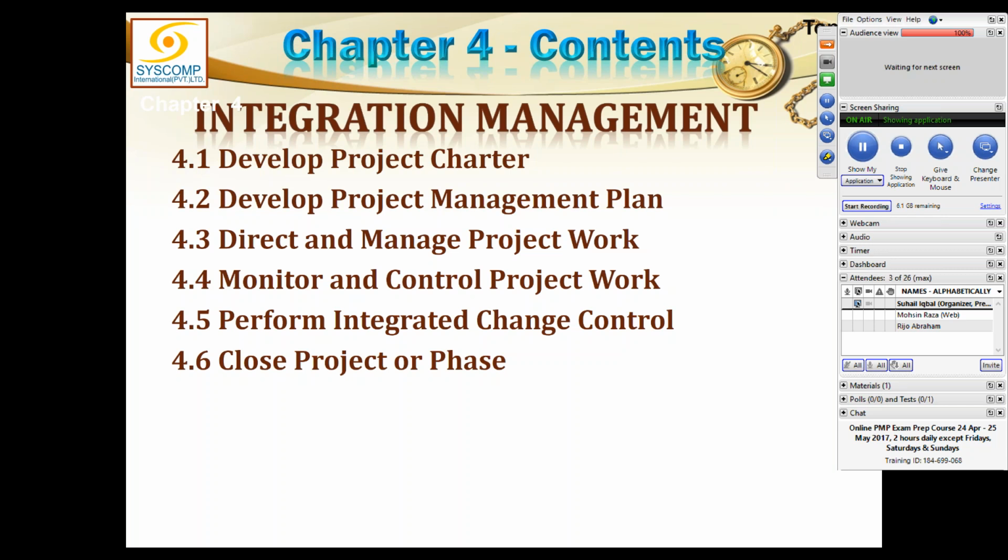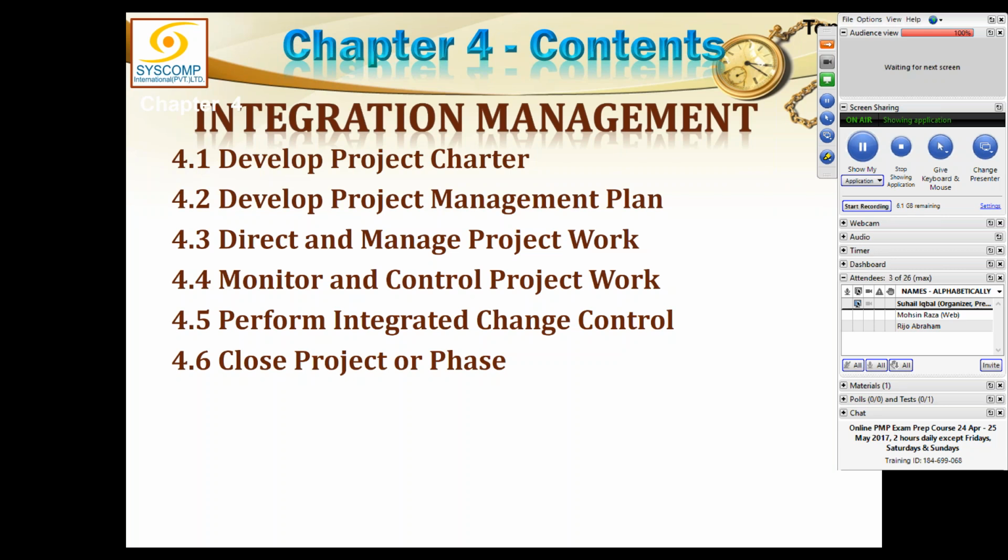So we will ensure that they do not keep following the old project management plan, but after a change request has been approved, the amendments to the project management plan and the project documents have been made, and the people sitting in execution know about them, and they are following the updated and latest version of the project management plan.